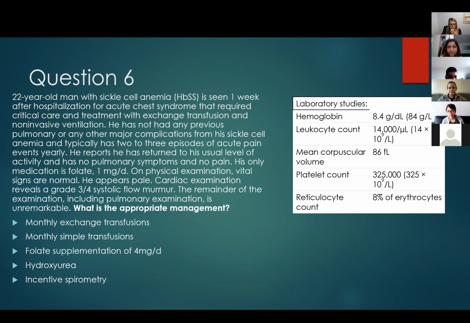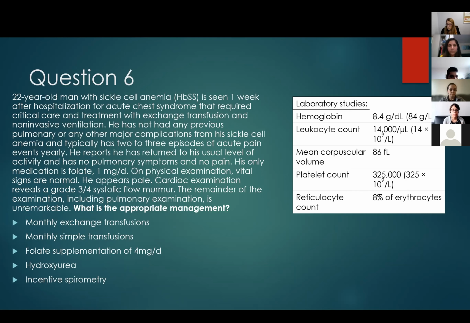A 22-year-old man with sickle cell anemia is seen 1 week after hospitalization for acute chest syndrome that required critical care and treatment with exchange transfusion and non-invasive ventilation. He has not had any previous pulmonary or any other major complications from his sickle cell anemia and typically has 2 to 3 episodes of acute pain events yearly.